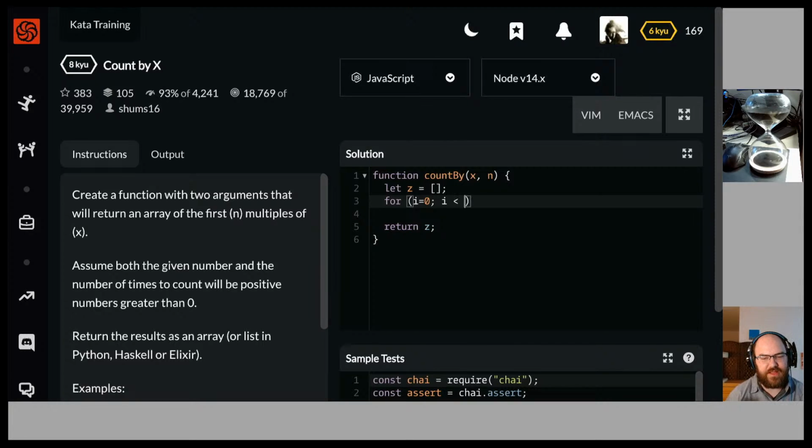So I think if I write less than n, we'll get 0, 1, 2, 3, 4, 5, n minus 1. And i++, so we're going up by 1.